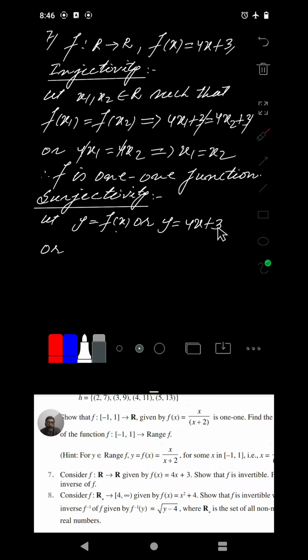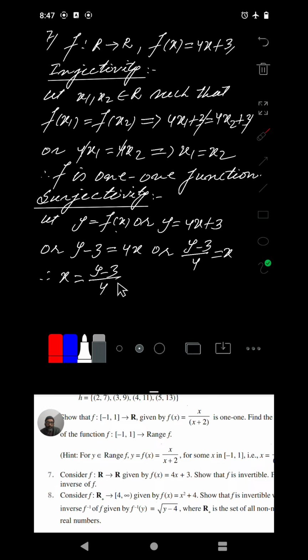So transposing 3 to the left hand side, we have y-3 = 4x. And now transposing 4 to the left hand side, we get (y-3)/4 = x. So x = (y-3)/4.